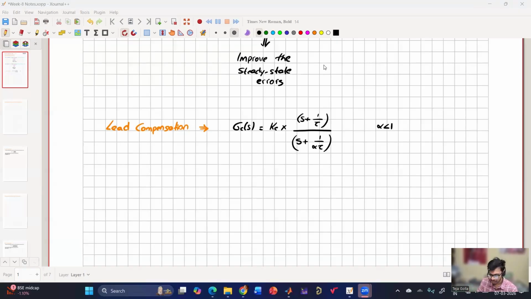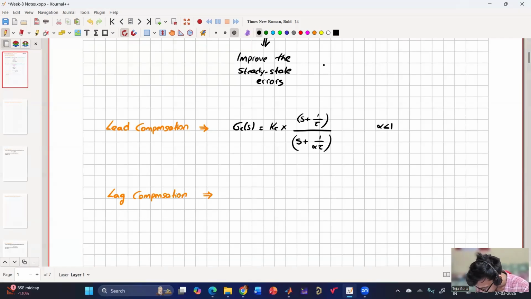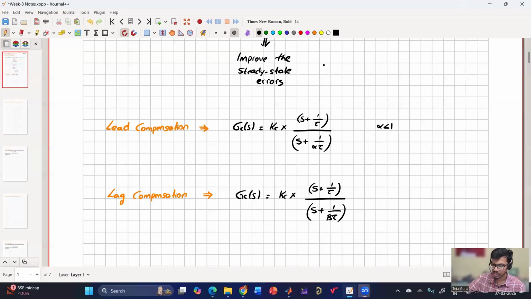Okay. Similarly, just to separate lead from lag compensation, we will not be using alpha for the lag. Instead, we'll use something called beta. So GC of S is equal to Kc into (S plus 1 by tau) by (S plus 1 by beta tau). Now again the same logic.